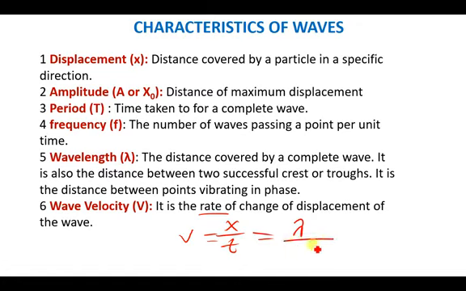And then the time that is taken for one complete wave is called the period. So the time changes to period, and wavelength over period is the same as velocity. Remember what we said: frequency is simply given by 1 over T. So we can write this part as frequency.